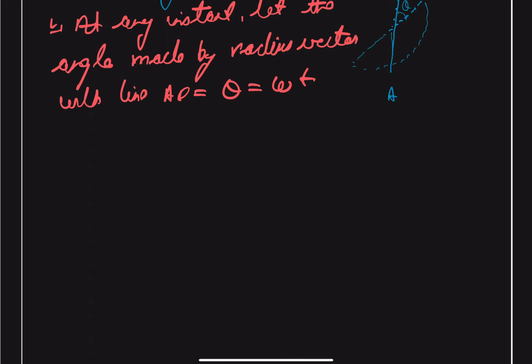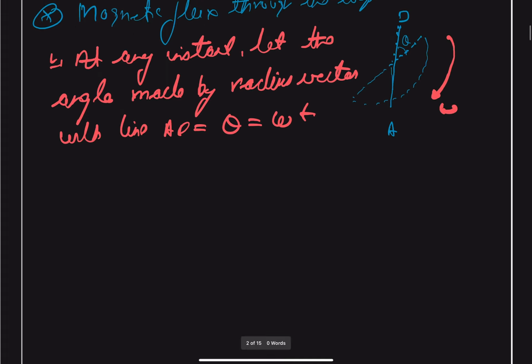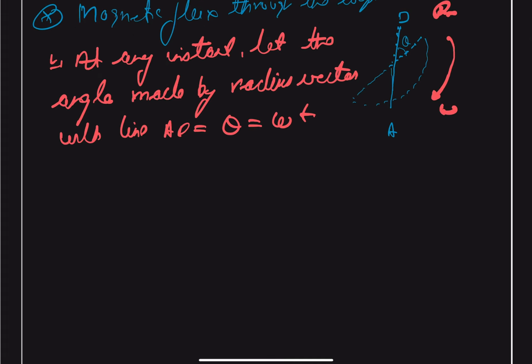Now we can also say that the area of the loop in region 2 varies with time, because it is going to rotate in this direction with omega, and this is our region 2, and here we have region 1. Region 2 consists of the magnetic field.